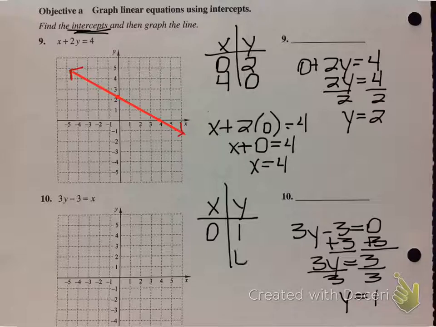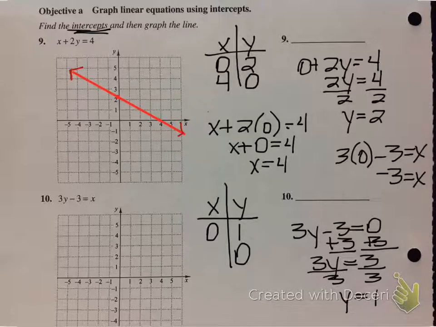If I plug in 0 for y, I've kind of run out of room here, so we'll go up here. 3 times 0 minus 3 equals x. 3 times 0 is 0, so that leaves me just -3 equals x.